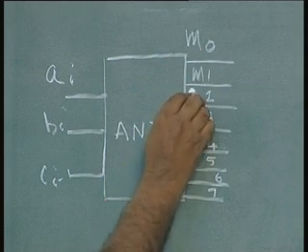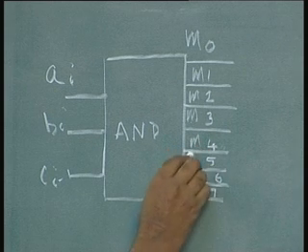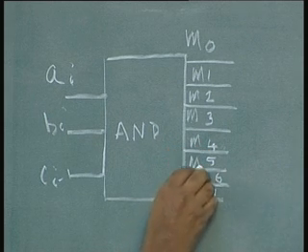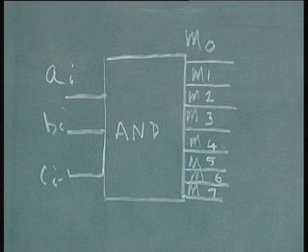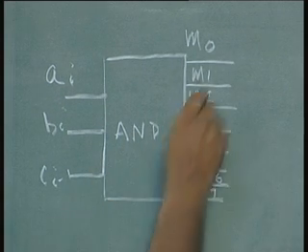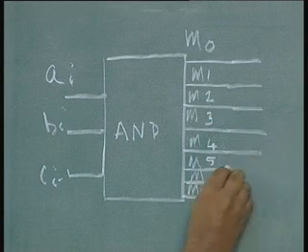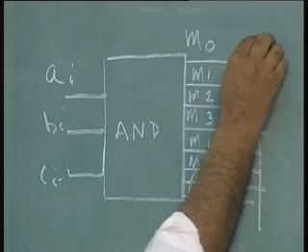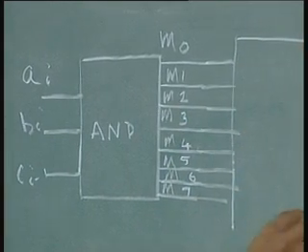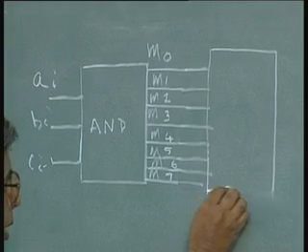If you want to call them M0, M1, M2 that is fine with me. Minterms, and an OR gate array in order to combine these minterms into the required sum and carry.